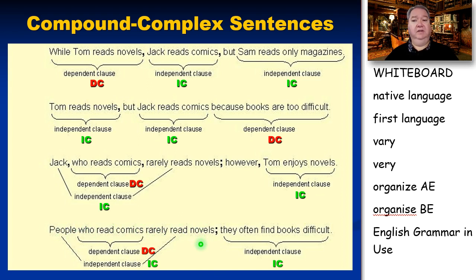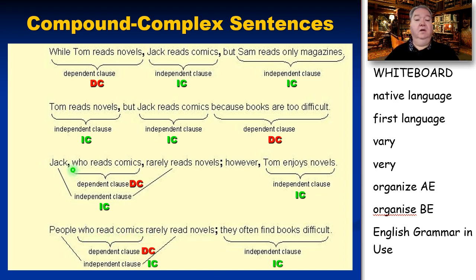Who rarely reads novels? People who read comics. So this changes the meaning of the sentence. People who read comics rarely read novels. So notice there's no comma here or here, because this is vital. This is necessary. This cannot be removed.